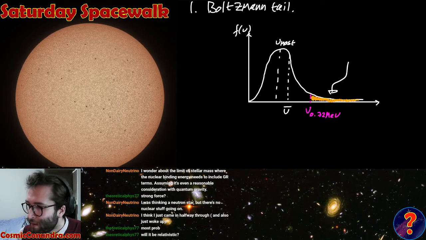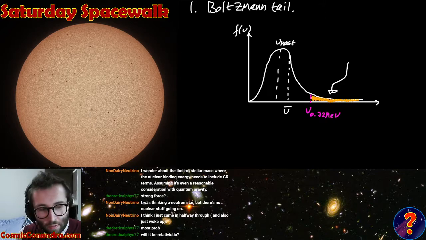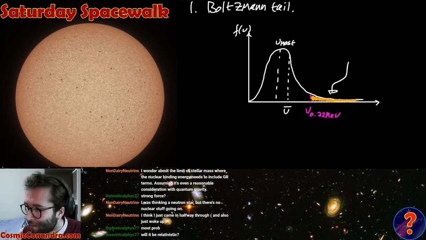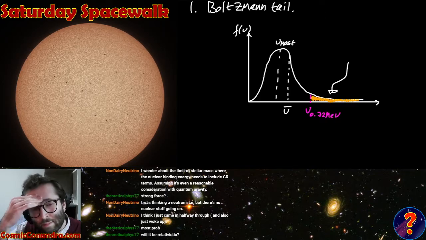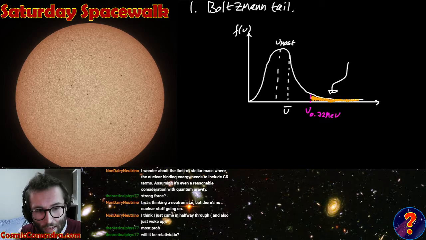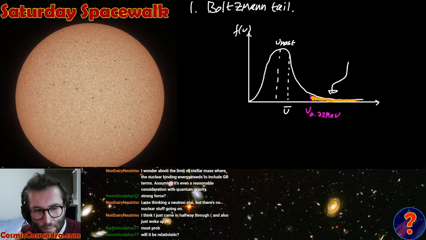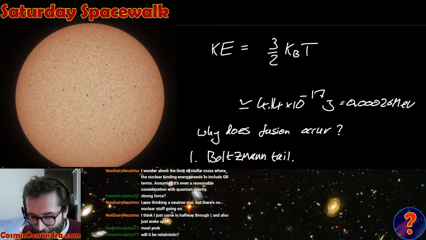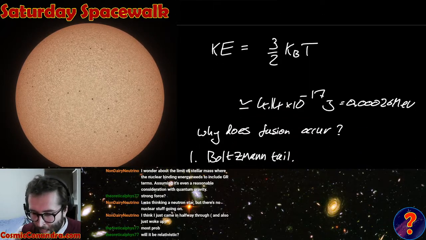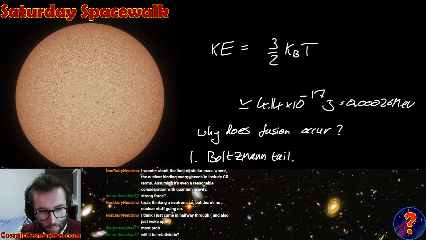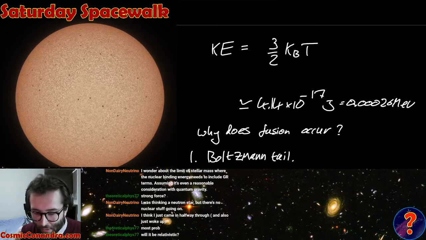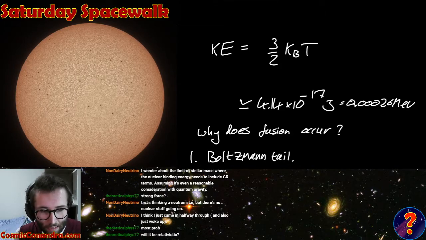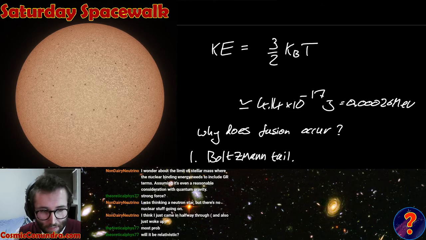Will it be relativistic? No. A kinetic energy of 0.72 MeV will be around 10 to the 5 meters per second, I believe. Well, let's work it out. If the kinetic energy is 10 to the minus 13 joules, and the mass of the proton is around 10 to the minus 27 kilograms, that gives you a velocity squared of around 10 to the 10, then a velocity of around 10 to the 5.